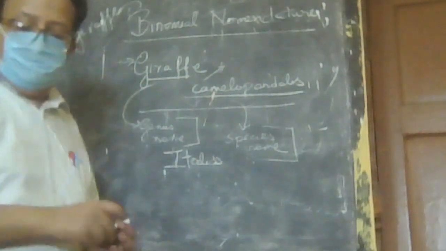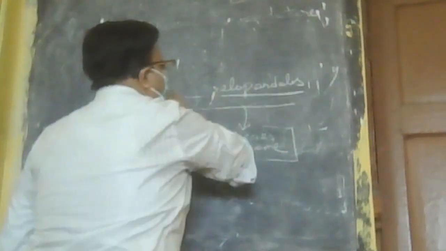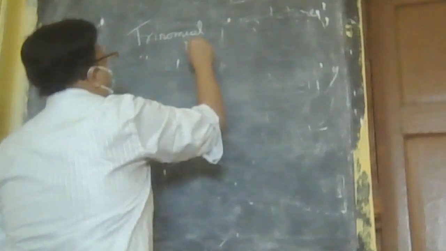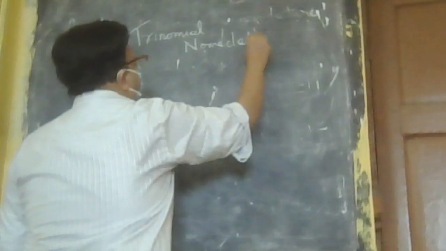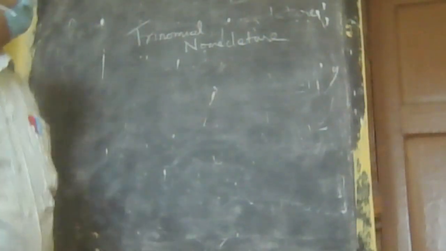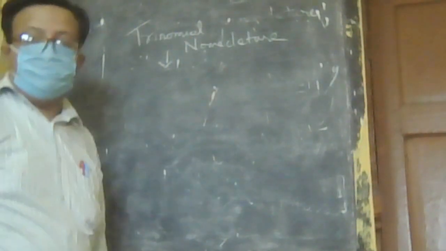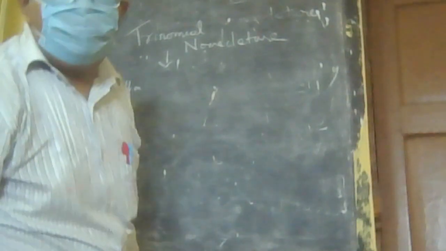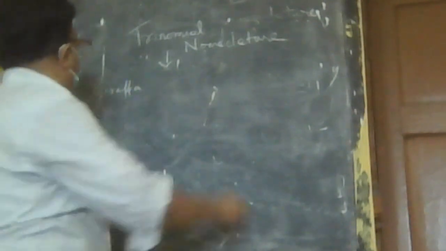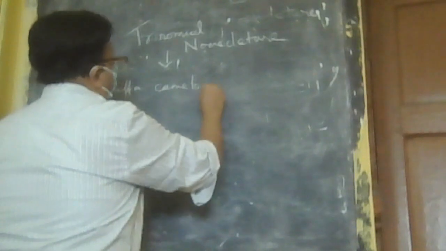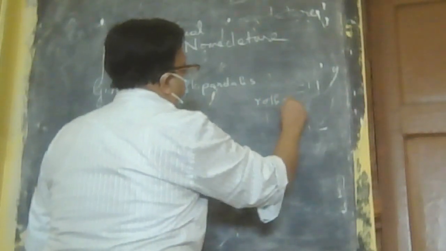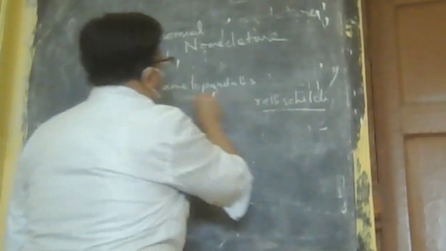Now when we talk about trinomial nomenclature, Giraffa camelopardalis rothschildi. How do you underline?